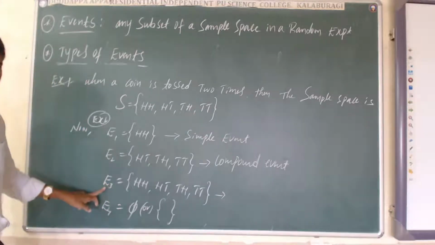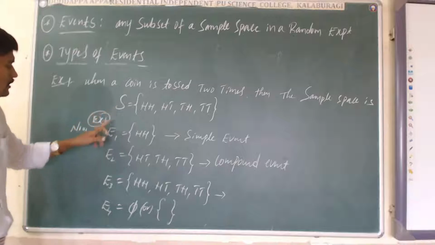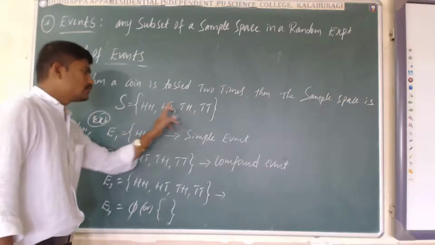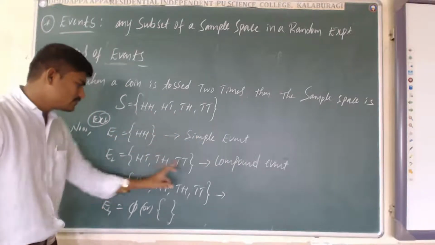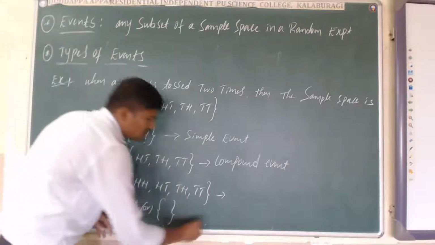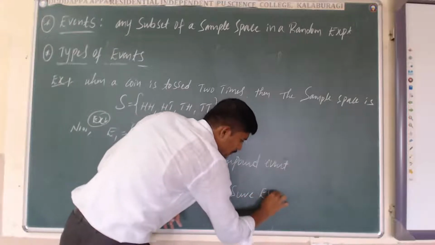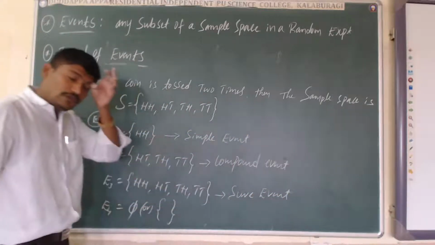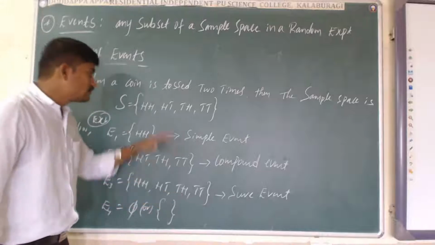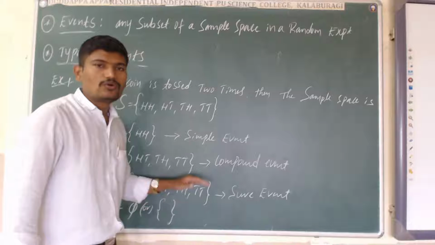Next, the third event, E3. Check and verify. In the sample space, a total of four elements are there. In E3 also the same four elements are there. So can we say this is a sure event? Exactly, it is a sure event because it contains the whole sample space.